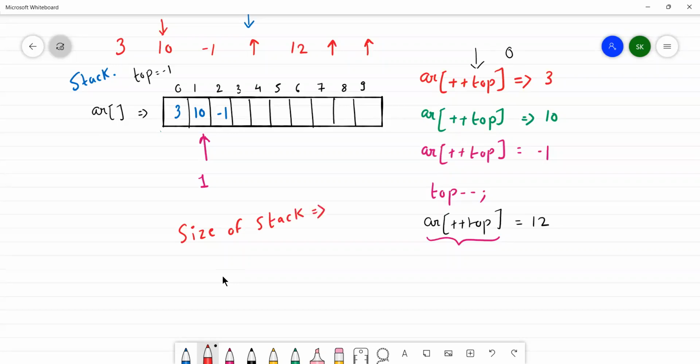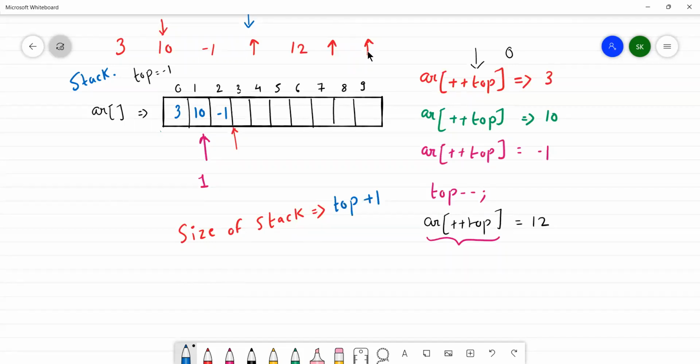No, the stack is only up to here. It is a dynamically growing data structure. The size of the stack will be, as some of you already told me, top is at 2 and you have a total of 3 elements, so it will be nothing but top value plus 1.